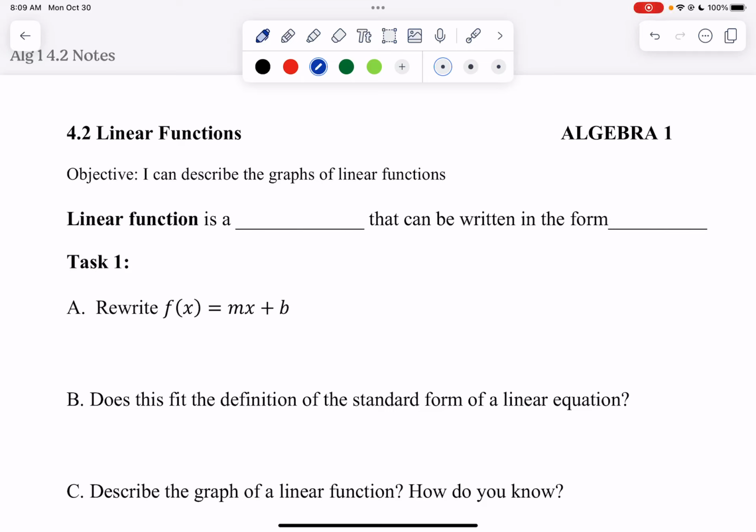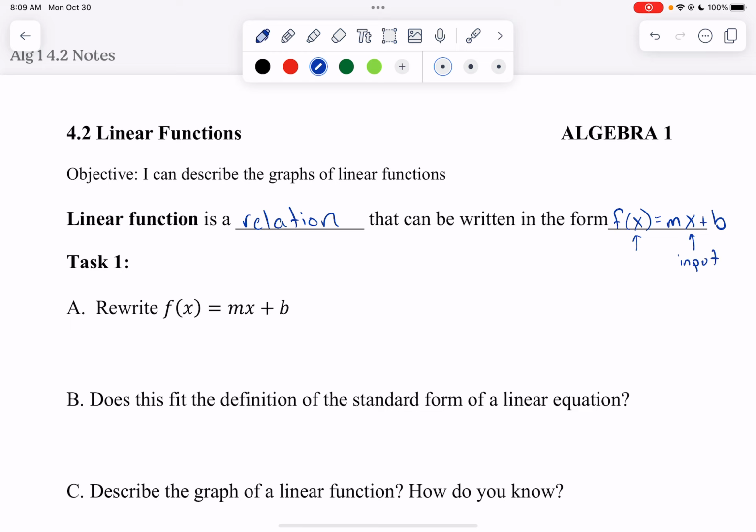Linear functions. Our objective is to describe the graphs of linear functions. So a linear function is a relation. Remember from our last section, we talked about a relation. It is a relation that can be written in the form f of x equals mx plus b, where x is your input.